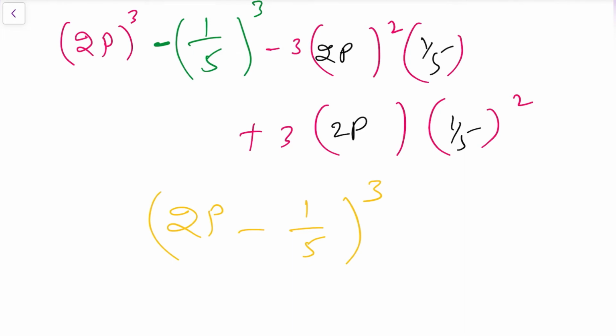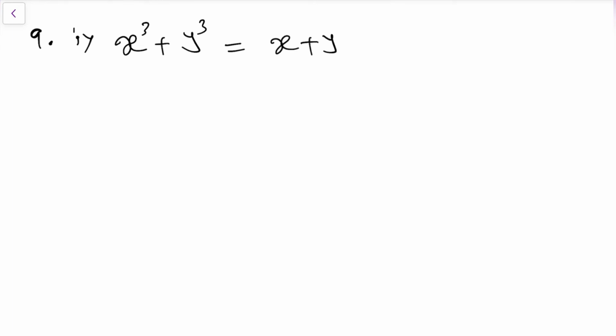Now let us move to the bit number 9. In the bit number first question, he is asking to verify x cube plus y cube equals x plus y into x square minus xy plus y square using some non-zero positive integers and check by actual multiplication also.